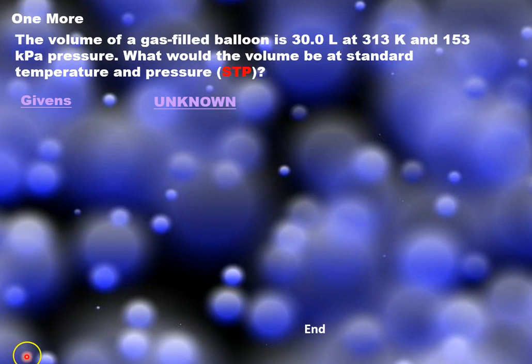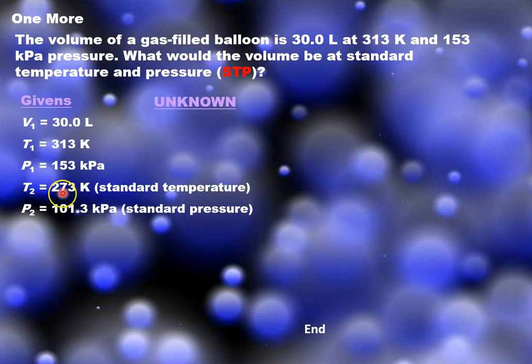All right, one more. A volume of gas-filled balloon is 30.0 liters at 313 Kelvin and 153 kPa. So notice we have volume, we have temperature, and we have pressure. What would the volume be at standard temperature and pressure, at STP? So you have to know what the conditions are at STP. So let's list our givens. We have V1, T1, and P1. T2, the standard temperature at STP, is 273 Kelvin.